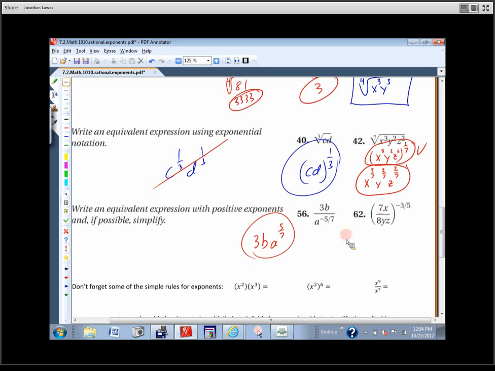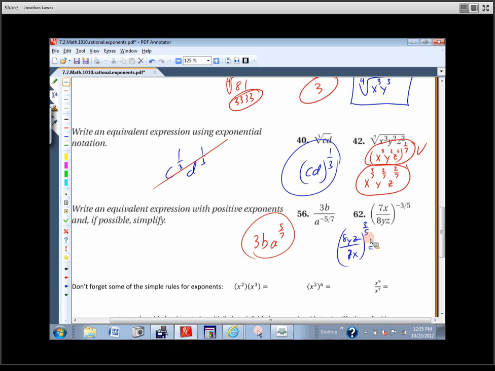I'd put 8yz on the top and 7x on the bottom, and then that would be raised to the 3/5. Now, to my mind, there's not much else we could do with this, because it says write it with positive exponents and simplify if possible.